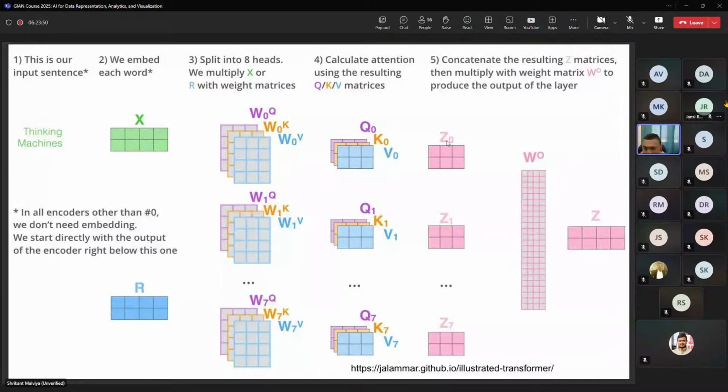Okay, and then they will be aggregated to find out the final attended representation of the given input. So there were two words, so at the end you will also get two word representations, which carry the attended information on all other words in the input sequence.